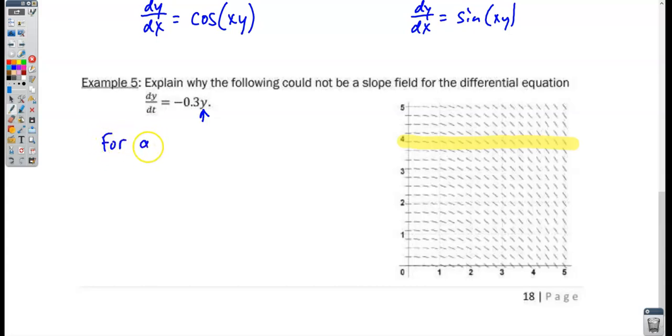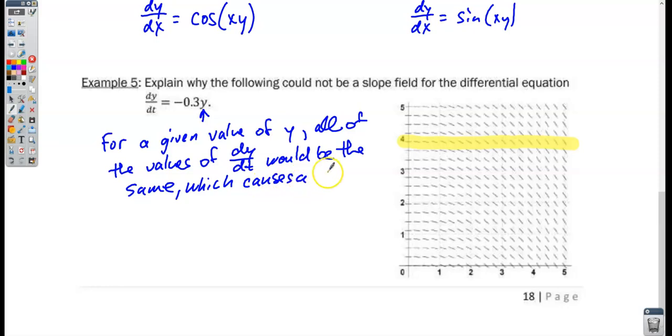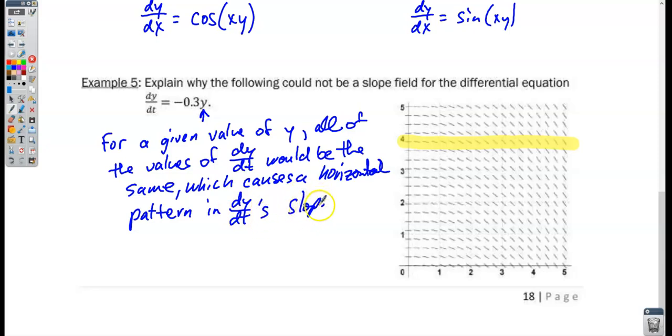For a given value of y, all of the values of dy dt would be the same, which causes a horizontal pattern in the slope field. This slope field does not possess a horizontal pattern.